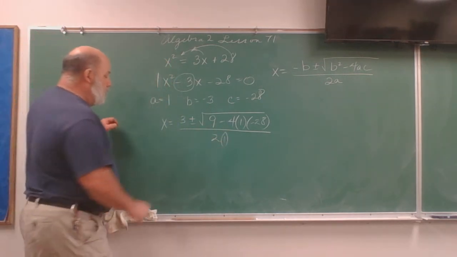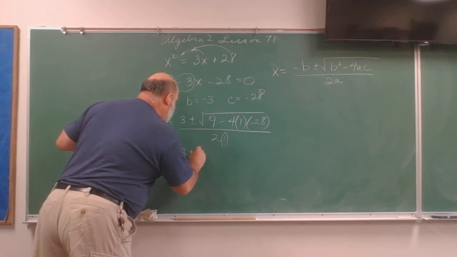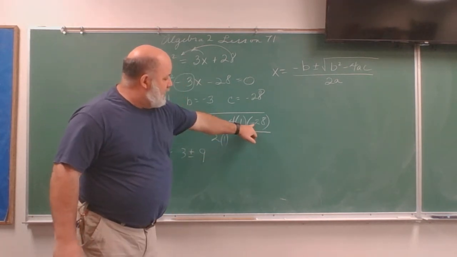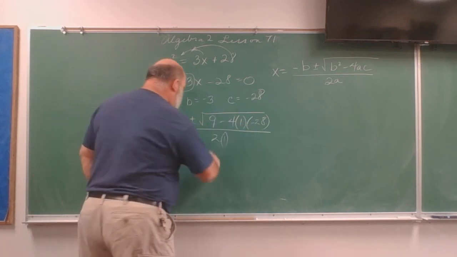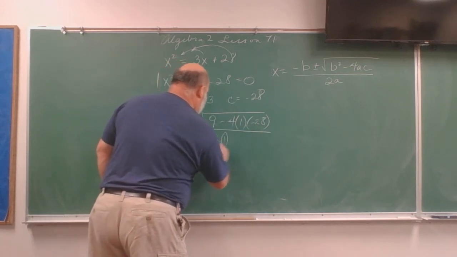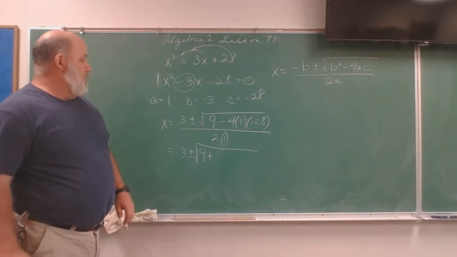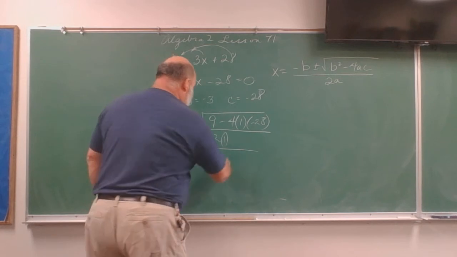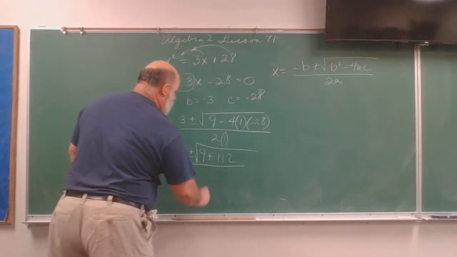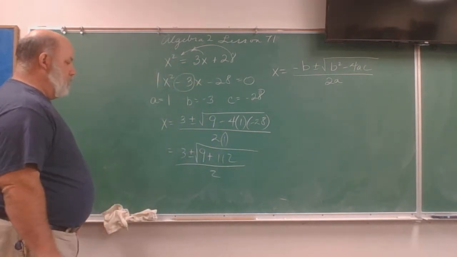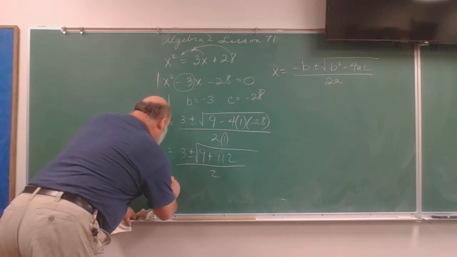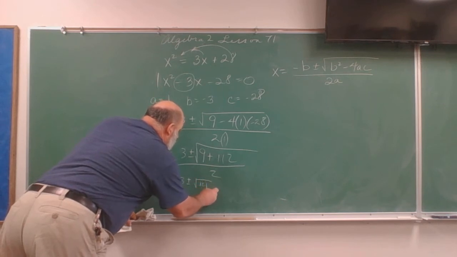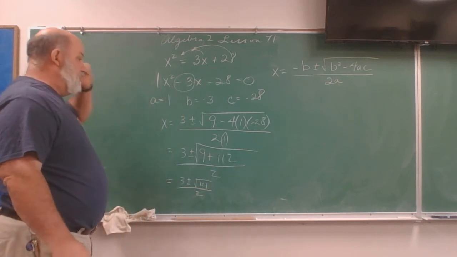So this will give me 3 plus or minus 9, and it's a negative and a negative here, so it will be plus, oh, I forgot my square root sign. That's kind of important. 4 times 28, that's 80, and another 32, that's 112. All over 2. That will give me 3 plus or minus the square root of 121 all over 2.